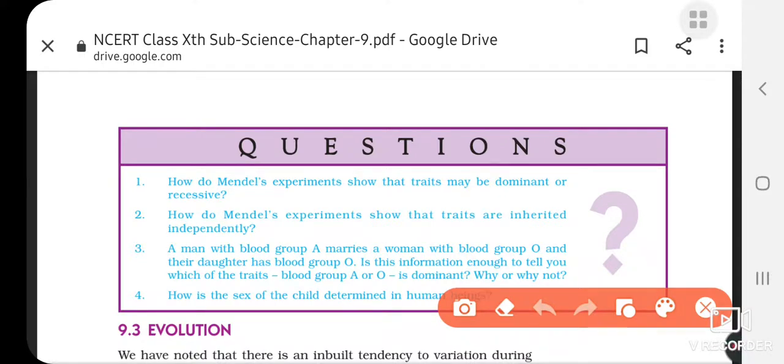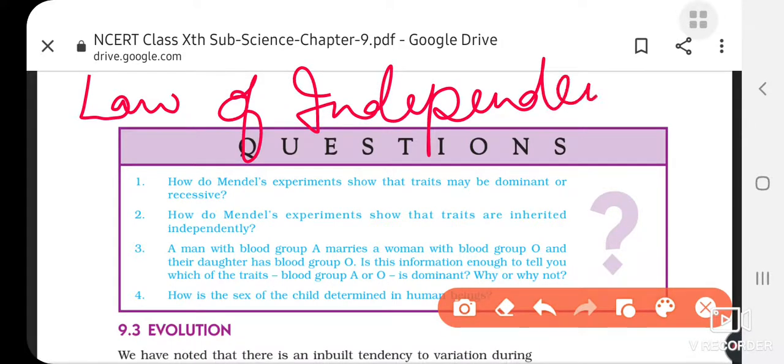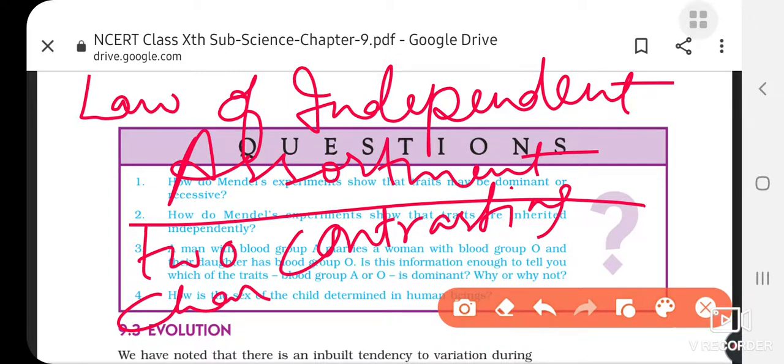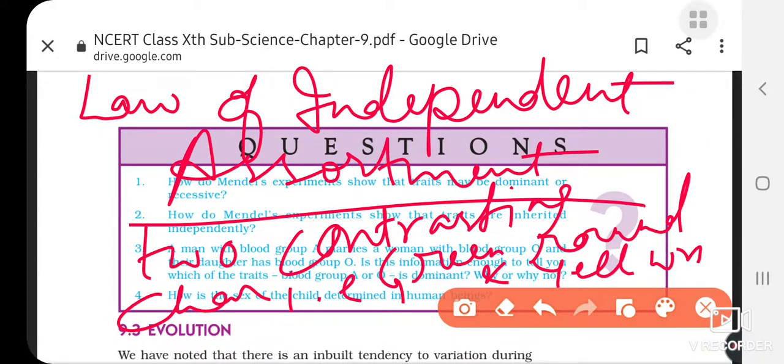So you have to just take the law of independent assortment, according to which the traits, like Mendel took pea plants with two contrasting characters, that is green round and yellow wrinkled. I hope you remember the cross which we discussed in the last video.